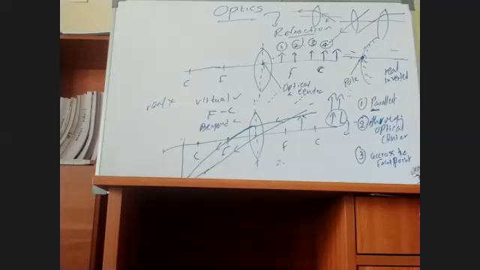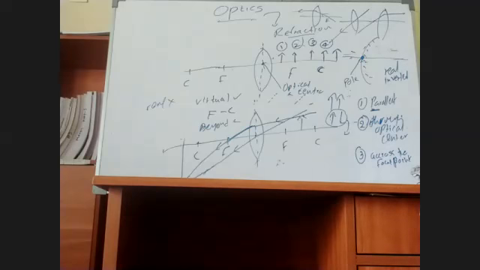Okay, now Stalin is asking, what happens when the object is at infinity for a convex lens? You are asking that if the object is at infinity, what will happen to the image formed? Okay, is that the question you are asking?